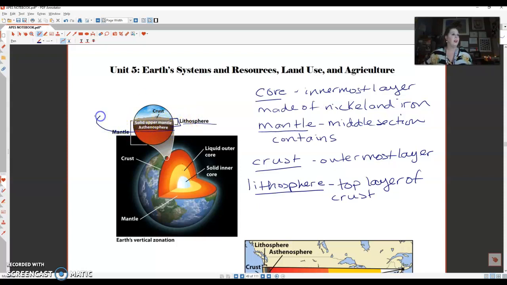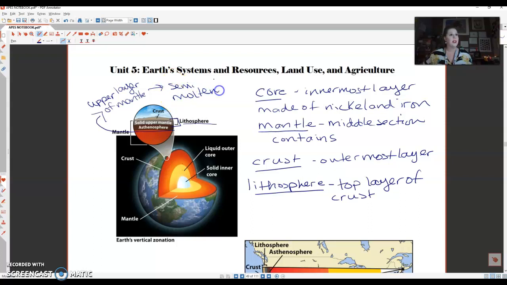Now we have the asthenosphere. The asthenosphere is the upper layer of mantle. I know it looks like it's part of the crust, but it's actually not. It is the upper layer of mantle, and it is what we call semi-molten.